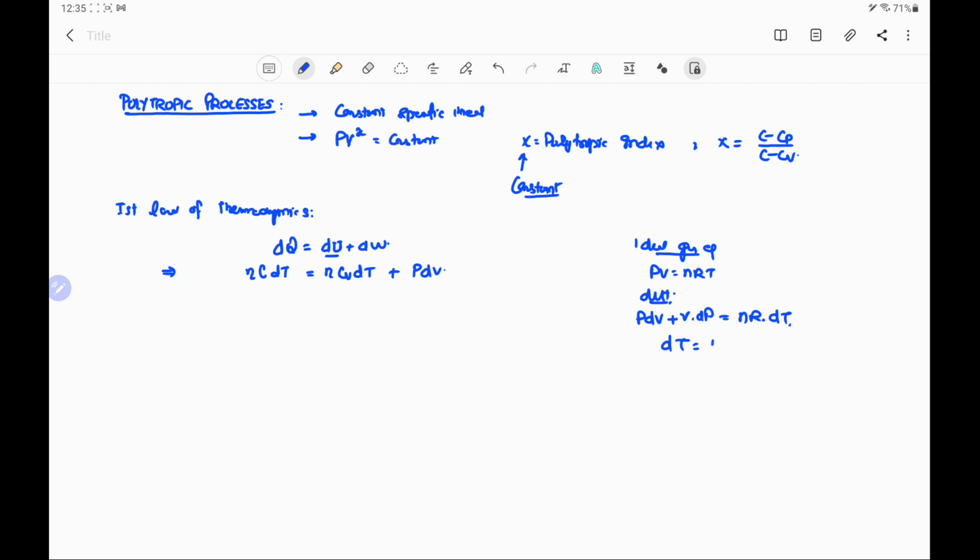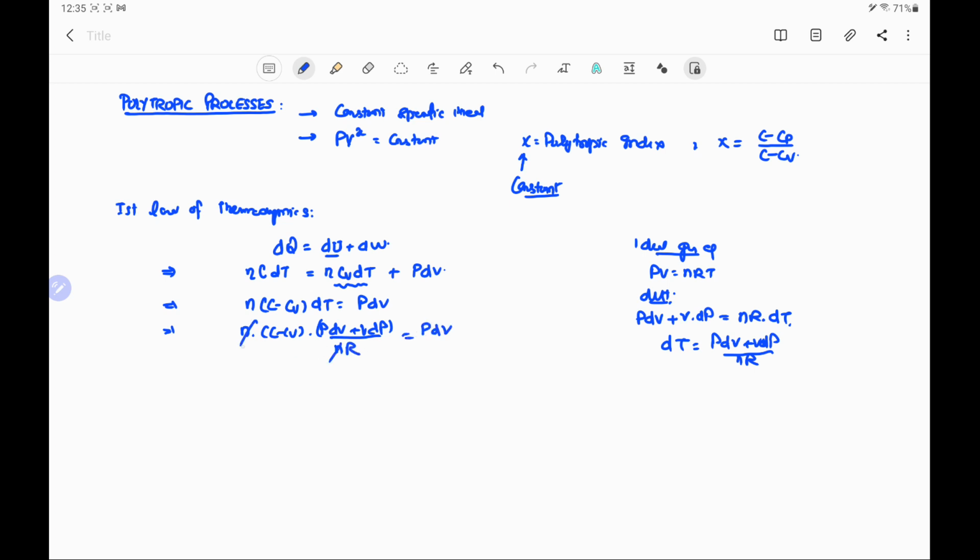So dT equals (PdV + VdP) / nR, and this dT can be substituted here. Bringing n Cv dT to the left-hand side, we have n(C - Cv) dT = PdV, and replacing dT, we have n(C - Cv)(PdV + VdP)/nR = PdV.